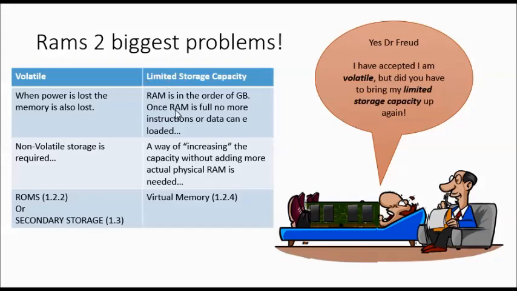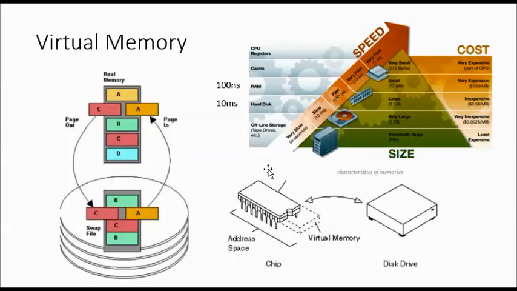We now turn our attention to solving RAM's second problem, namely that of its limited capacity. Virtual memory is using secondary storage as if it was primary storage. It pretends to be primary storage. So for instance, a memory block in physical memory, block C, is no longer required at this point.